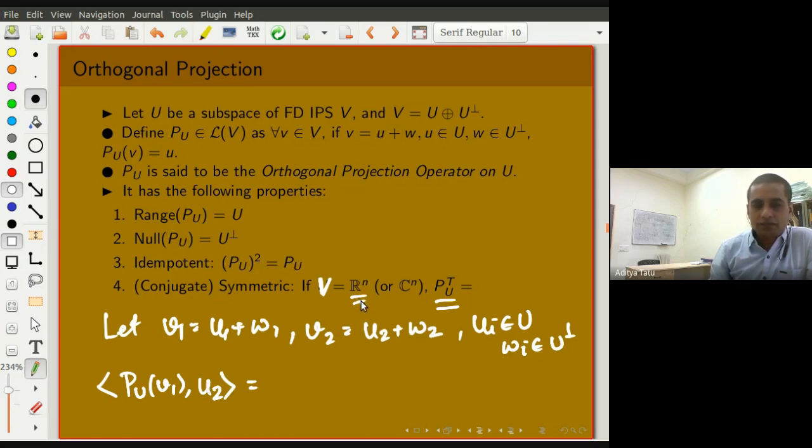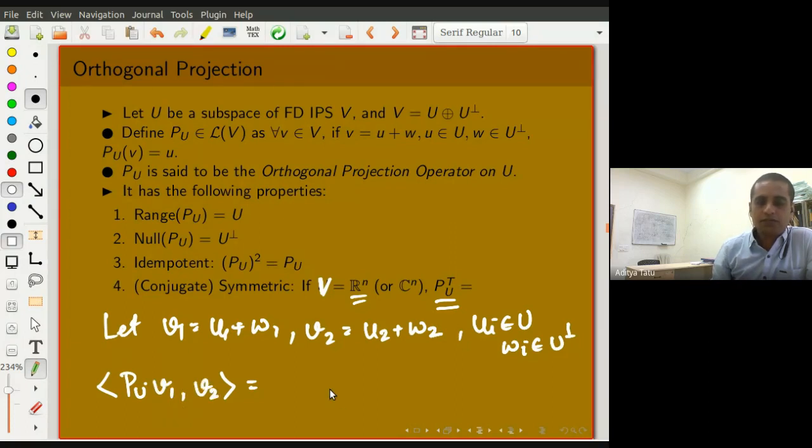Remember, our vector space is Rn, so this linear operator is nothing but a matrix. So I can write this as the matrix PU operated on v1, dot product v2.